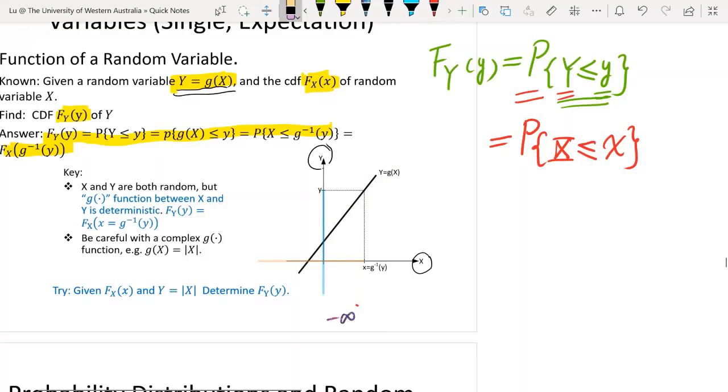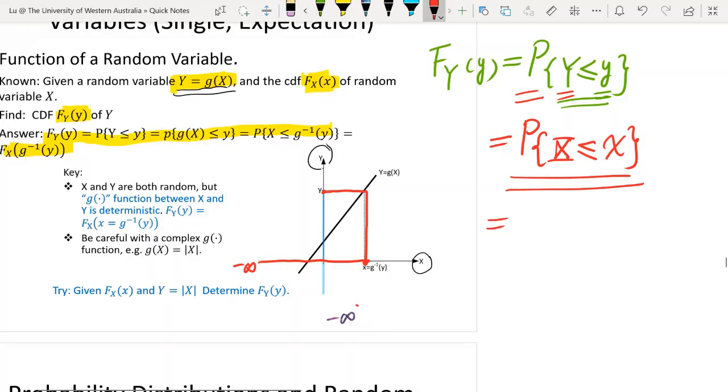This x point corresponds to the y point. In other words, this evaluation is regarding the probability that the random variable X falls into negative infinity up to this x point. The same thing.